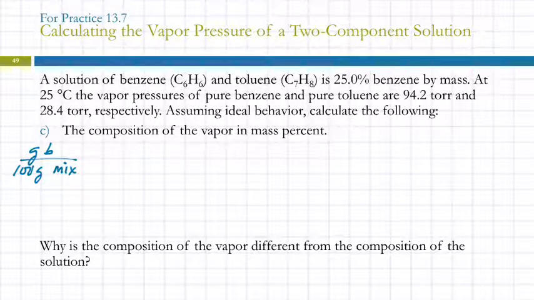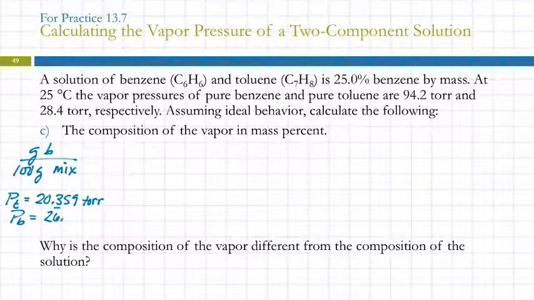So we had the partial pressure of the toluene was 20.359 torr. I'm just going to write this down before it's gone from my calculator. And the partial pressure for the benzene was 26.670 torr.